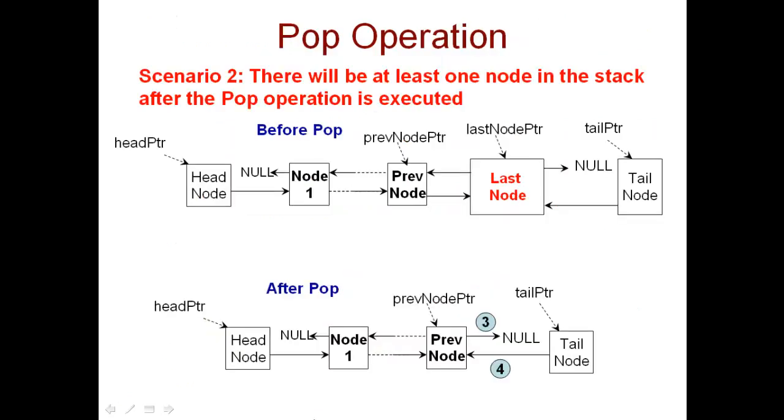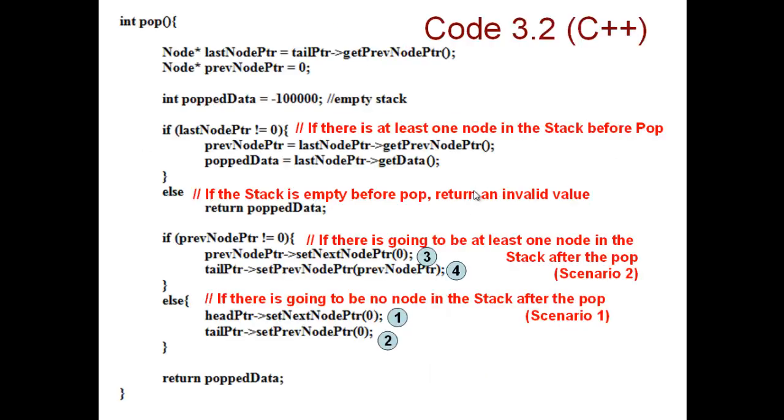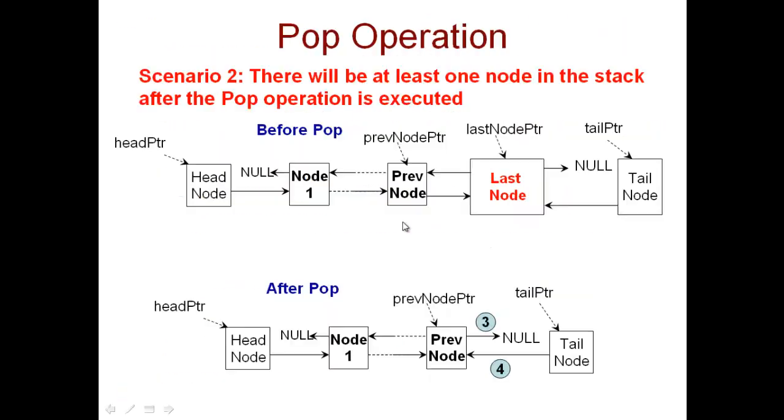So I'll show that here. If this is the case, you have the last node pointer pointing to the last node, and the previous node pointer pointing to the node previous to the last node. And so what you're trying to do here is, previous node's next node pointer is set to null, and the tail node's previous node pointer is set to the previous node.